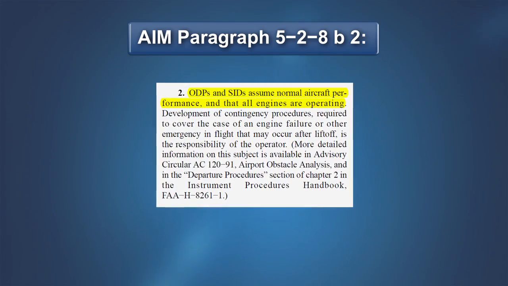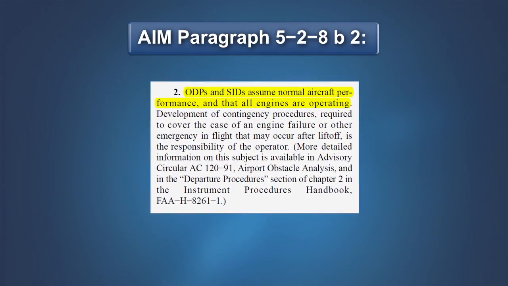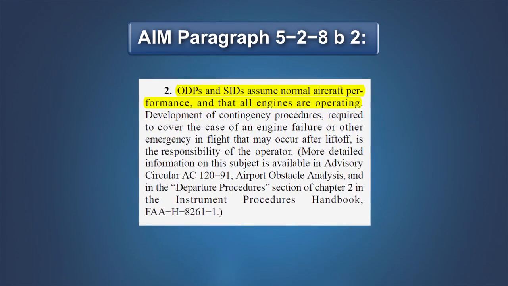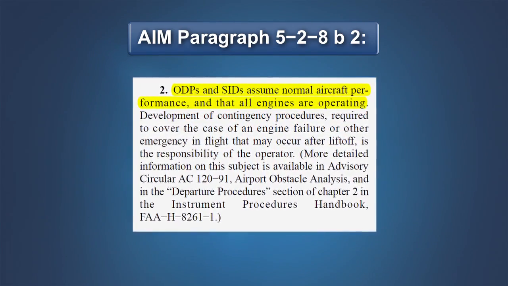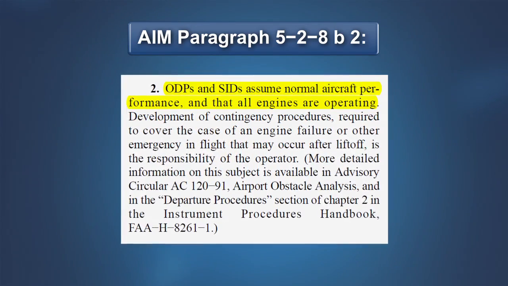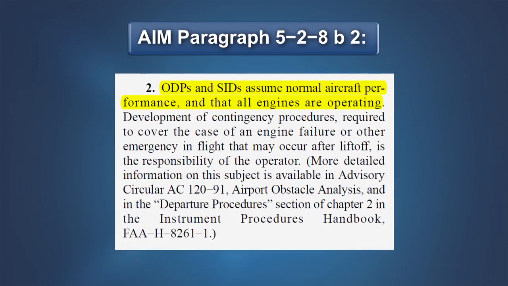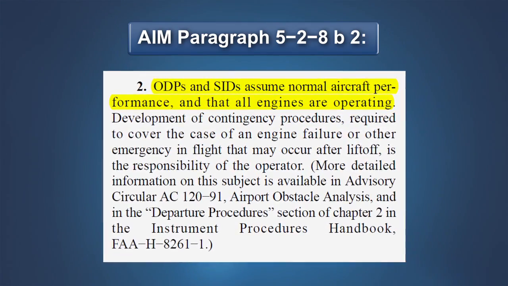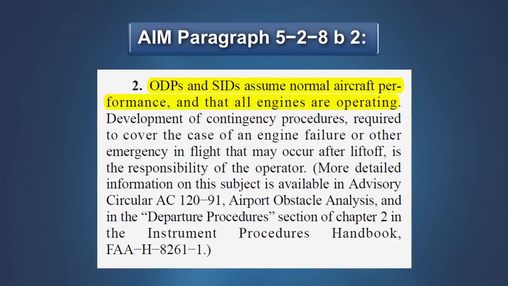All IFR departure procedures are based on normal airplane operation and assume that all engines are operating. Compliance with the climb gradient published on a SID or ODP is based on the normal all-engines-operating climb performance of the airplane. There is no requirement to demonstrate compliance with a SID or ODP based on one-engine-inoperative performance.